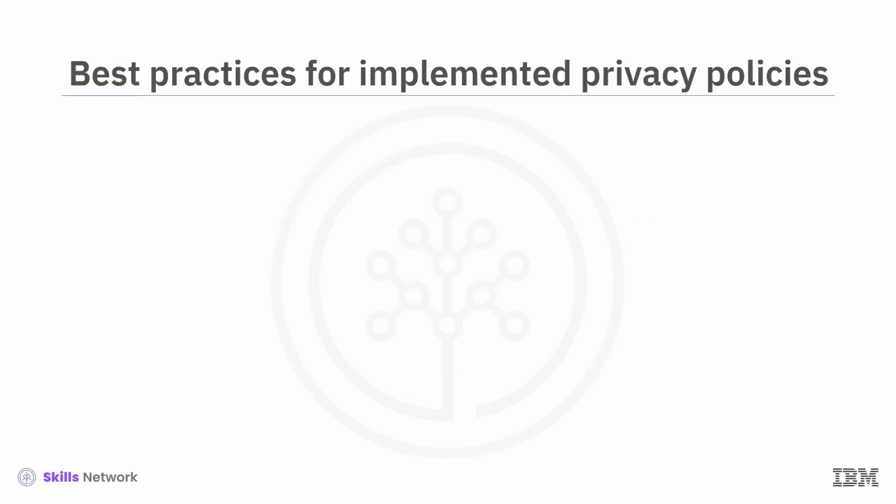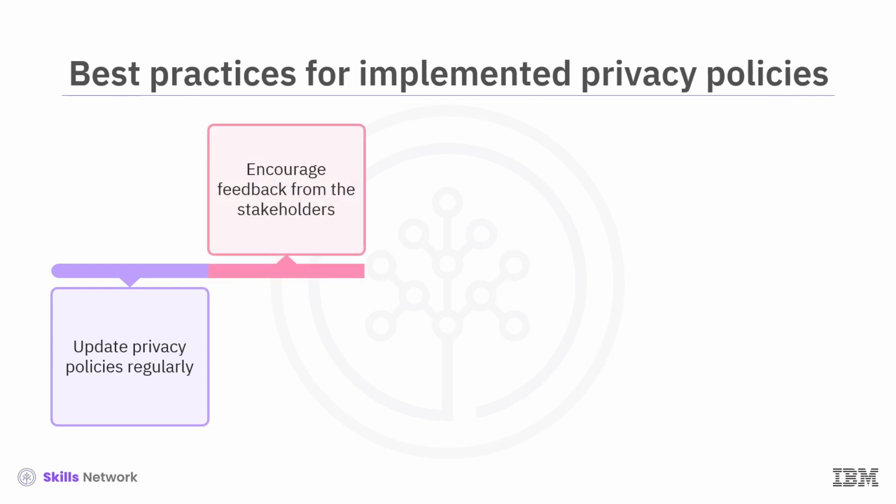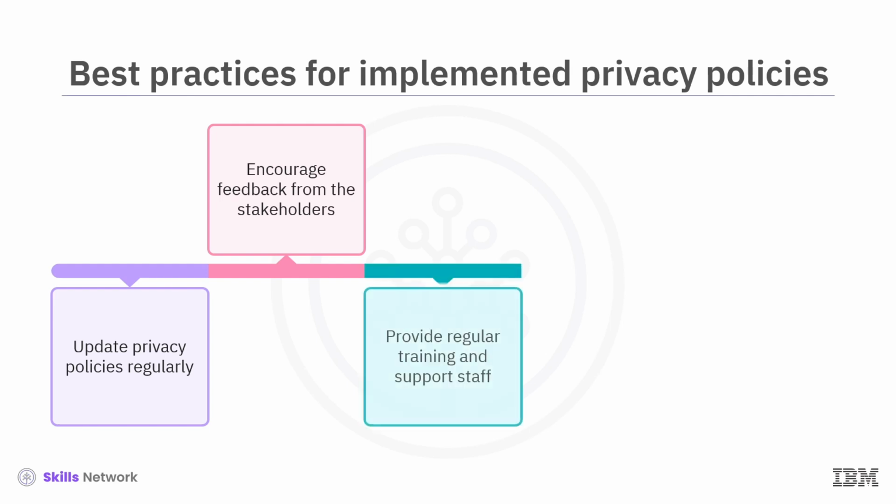Education institutions can follow certain best practices to protect data privacy for the implemented data privacy tools. Regularly update the privacy policies to reflect changes in technology and regulatory standards, encouraging feedback from the stakeholders to identify and address potential privacy issues. Providing regular training to educators and support staff on privacy protection best practices fosters a culture of privacy awareness within the institution.